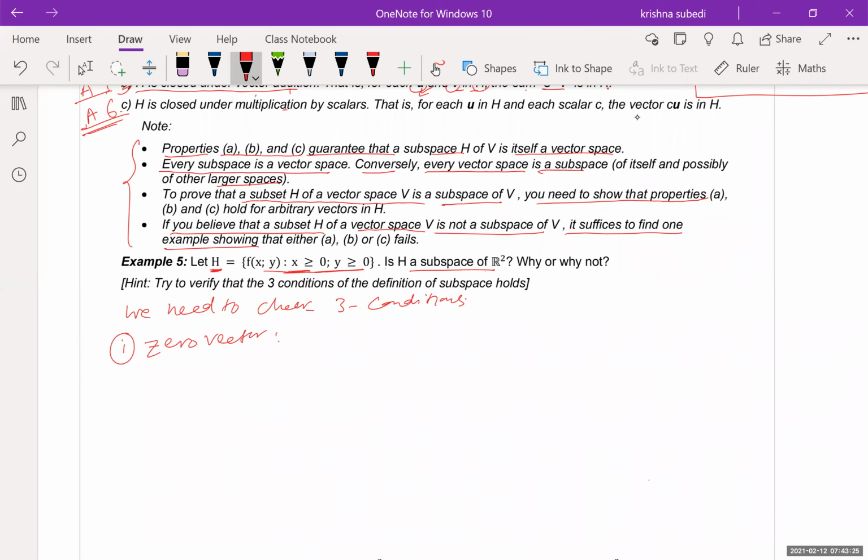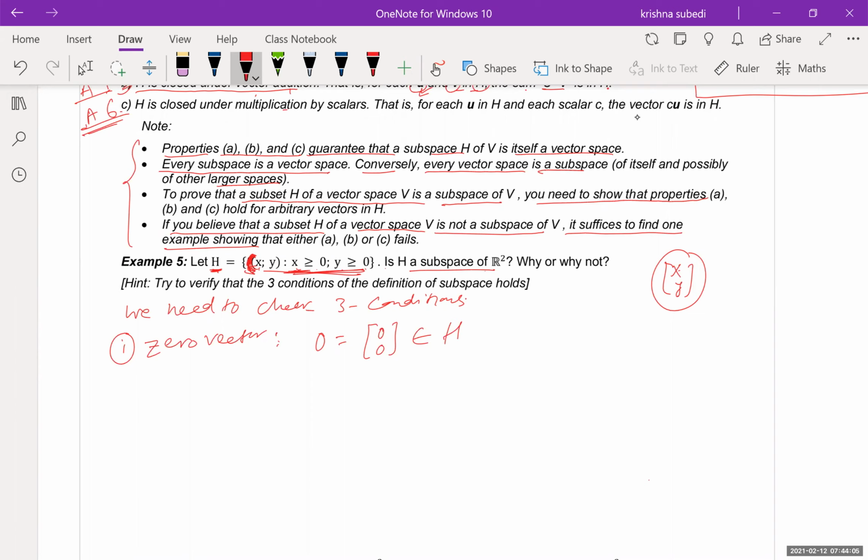Is the zero vector in H? 0, 0 clearly is in H, because here H has all the objects of the type x and y, where you can choose any values which are non-negative. See here, there is a condition: x is greater than or equal to 0, y is greater than or equal to 0. So we can consider 0, 0.